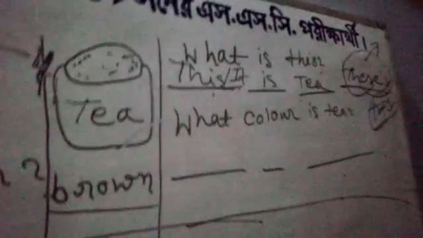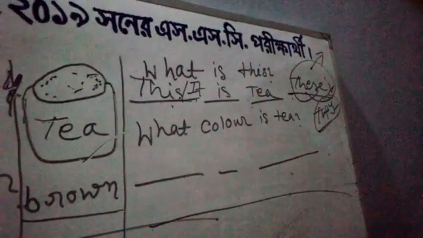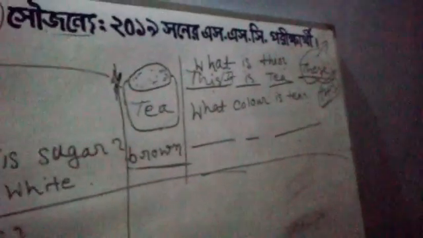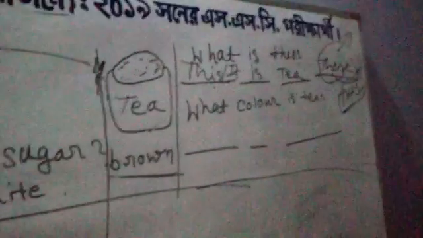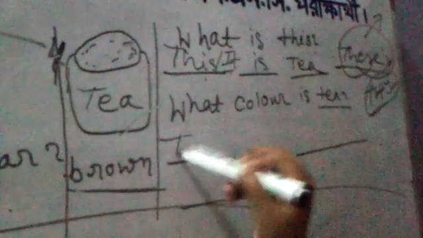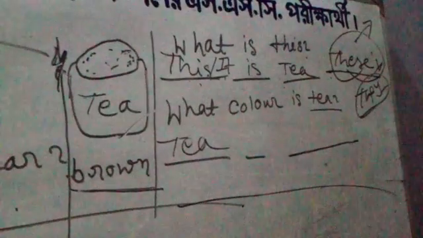So this or it is tea. Then what color is tea? As it's been shown, it's brown. So the color of tea is brown. We have to write it this way: first you have to bring tea at the very front, then is.